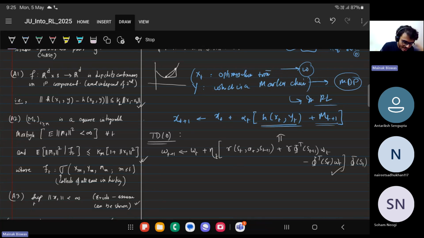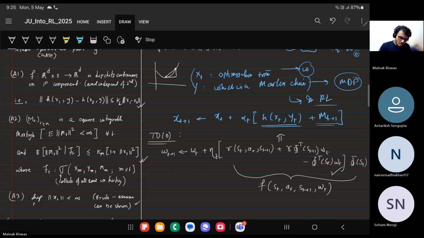First let me write this equation in a shorter form. Let us represent this equation as some f of st, at, st plus 1 and wt. I'll put wt first for some reason, and I will see why. This is a function of these 4 variables.